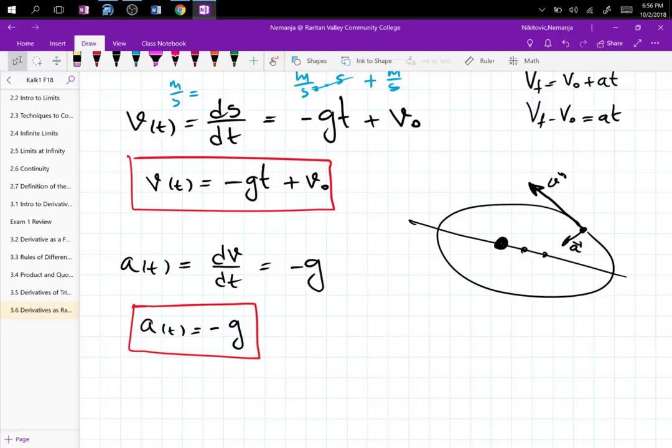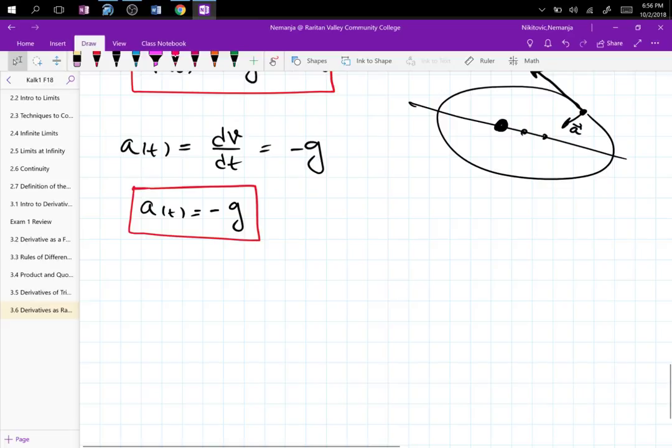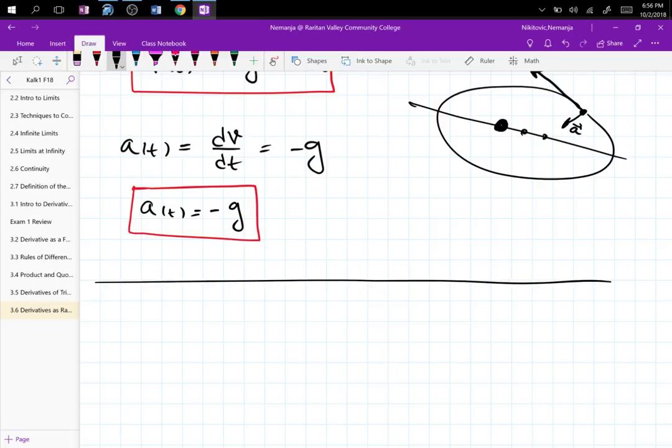Good. So now we can calculate stuff with this. I want to take a look at one of the homework examples. Oh, I didn't talk about max height. I have to talk about that as well. No problem.